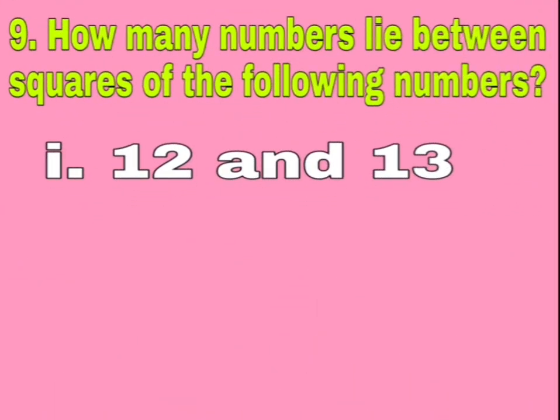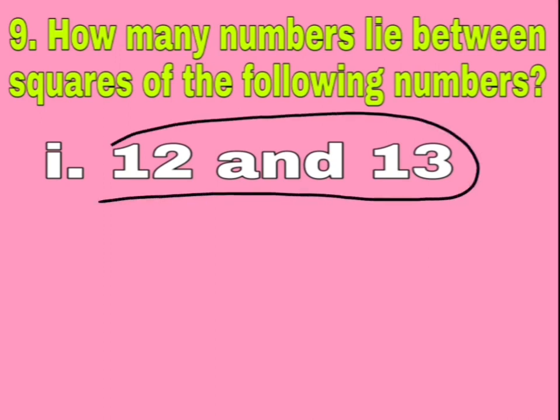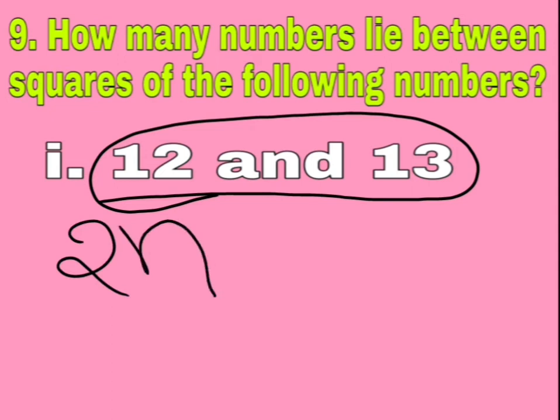So the first question is 12 and 13. Between the square of 12 and 13, how many numbers are we getting? Just recall your pattern. If there are n square and n plus 1 square, which are square numbers, then between those two square numbers, you will get 2n non-perfect square numbers, isn't it?